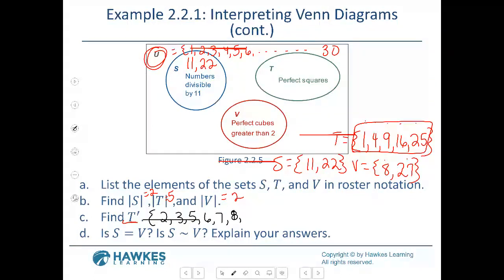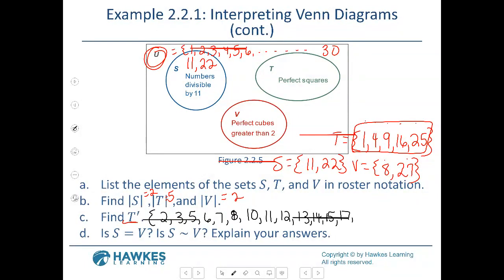Excuse me. 10, 11, 12, 13, 14, 15. Can't put 16, but you can put 17, 18, 19, 20, 21, 22, 23, 24. Cannot put 25, but you can put 26, 27, 28, and 29. Everything except what is in T.